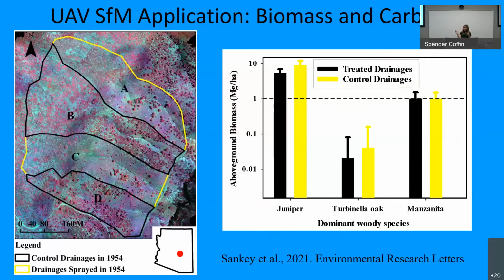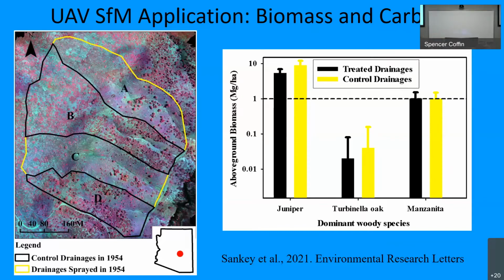Once I have the structure from motion data and I have canopy dimension and height estimated, I can then use allometric equations to estimate the total above ground biomass of individual trees. Then at the watershed scale, I can summarize all of the biomass per species.